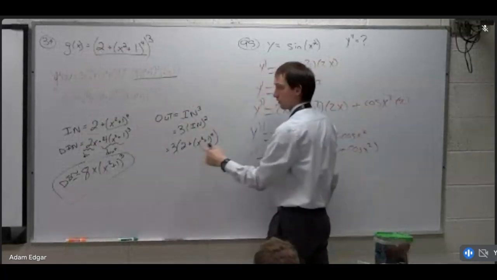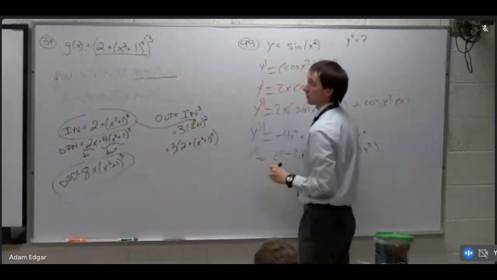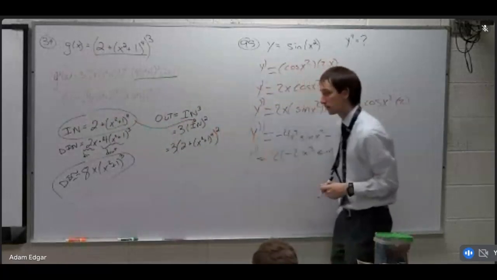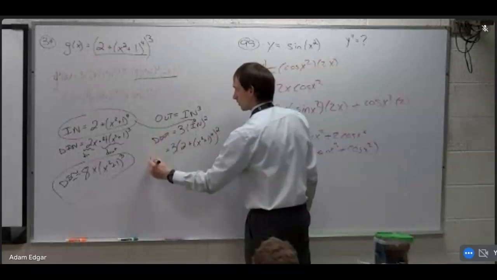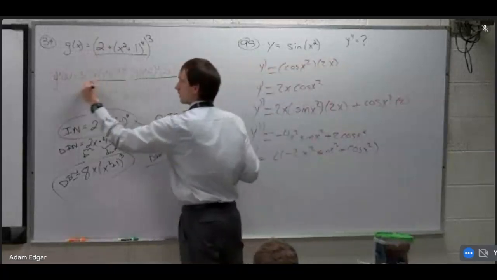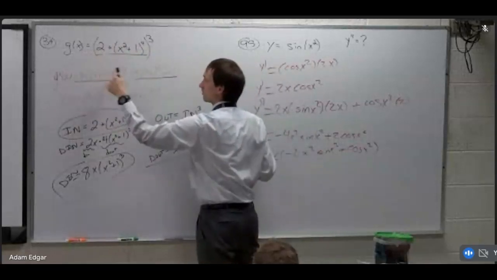So we use original N. Unless I wrote it down wrong. And then out here, it's now squared, right? So that's big D out. And you can find that here. So 3 times that big inside stuff squared.